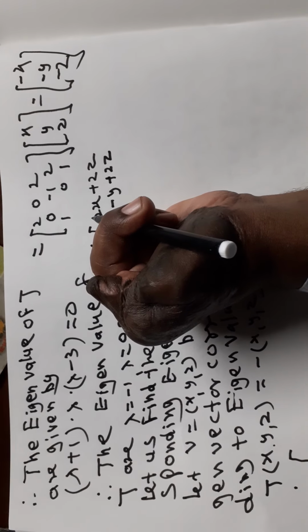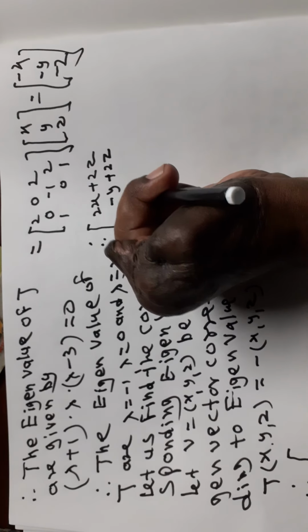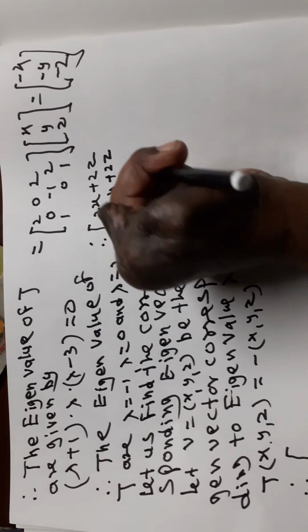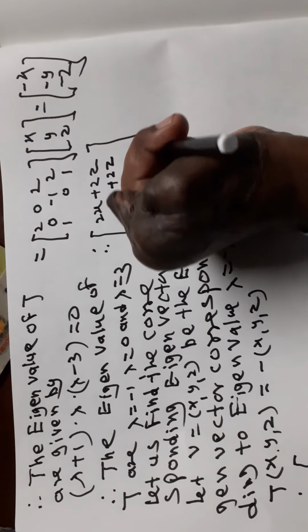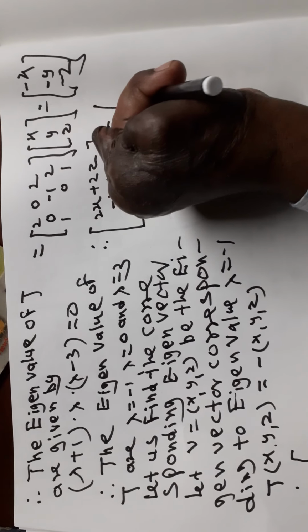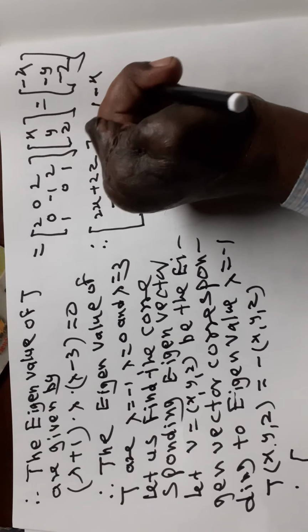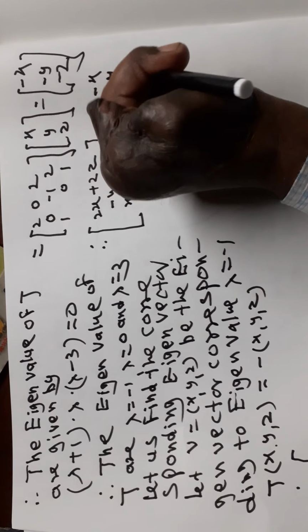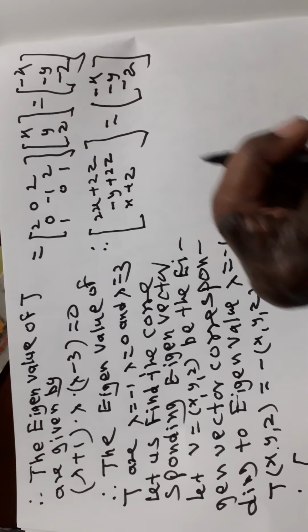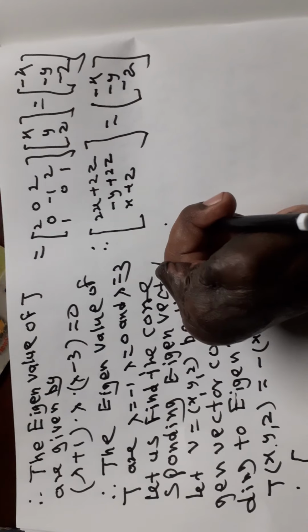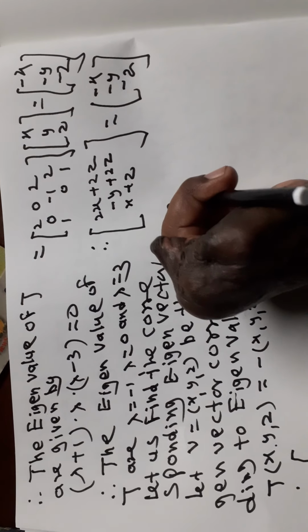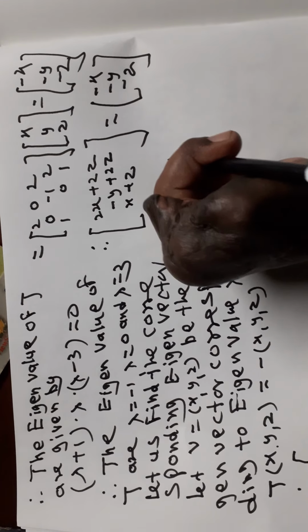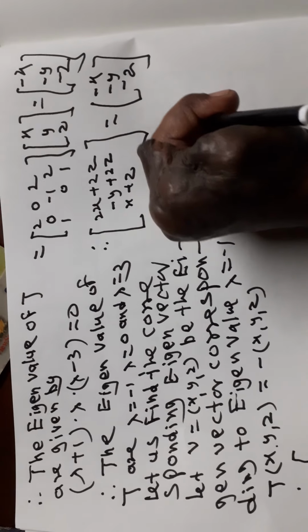Then in the third row we have x plus z is equal to minus x minus y minus z. Therefore, 2x plus 2z is equal to minus x.